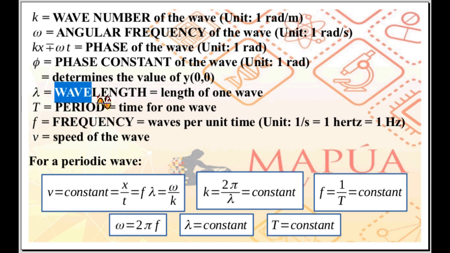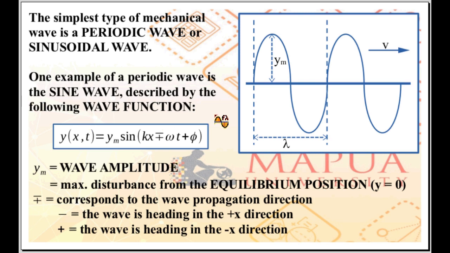Lambda is referred to as the wavelength, the length of one wave. Going back to the previous slide again, you have a sine wave moving from one location to another. Sine wave, sine function.